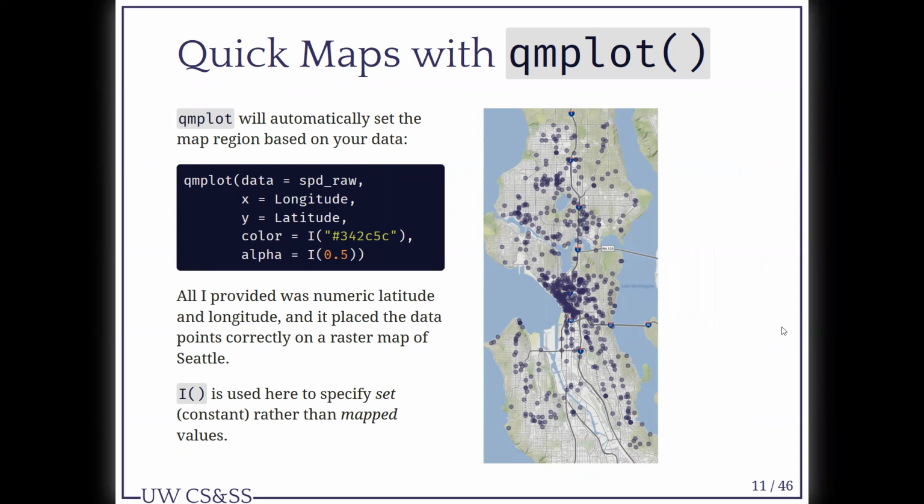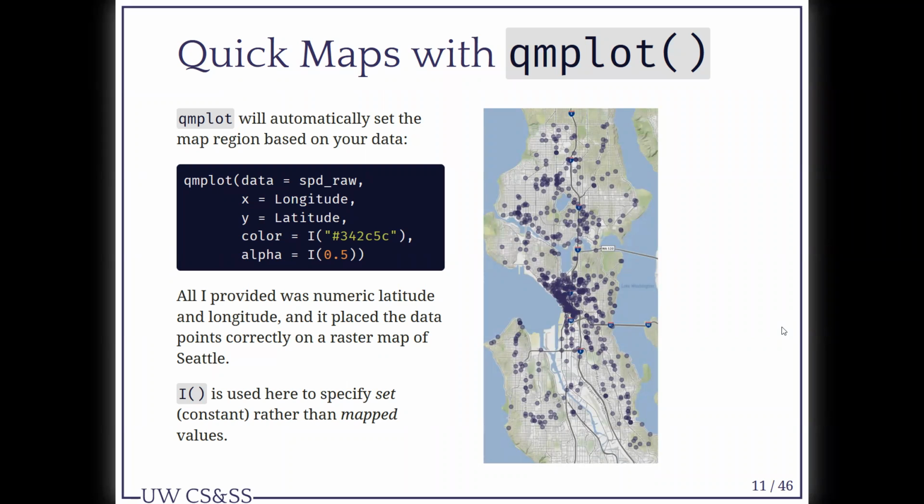Here, all I've provided was the numeric latitude and longitude, and it placed the data points correctly on a raster map of Seattle. So it is exactly how it sounds. It is very quick to make little maps like this, and it is very pleasing to stakeholders who don't know how computers work, that you can make maps so quickly.